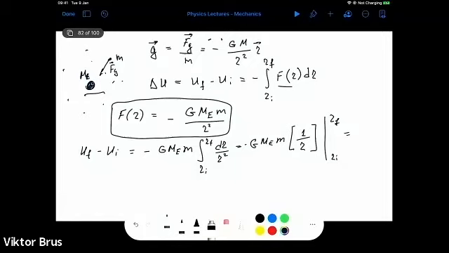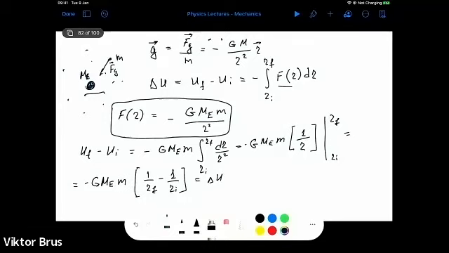Okay, so then we keep this minus here for a moment. m will be 1 over R final minus 1 over R initial. So this is pretty much already the change in the potential energy.